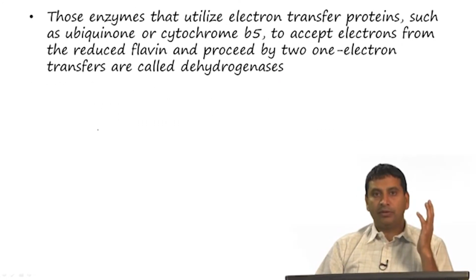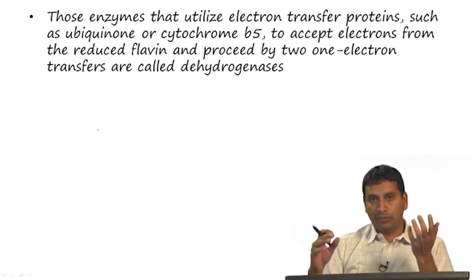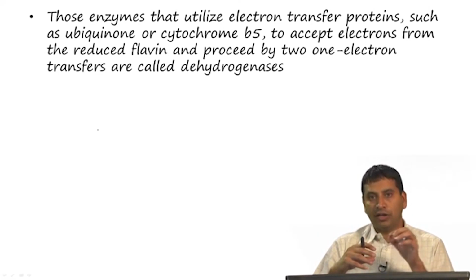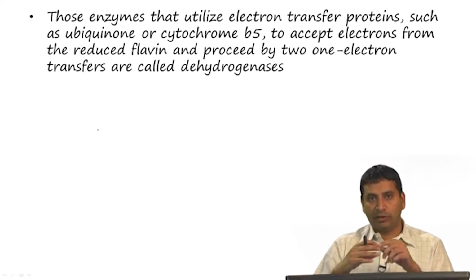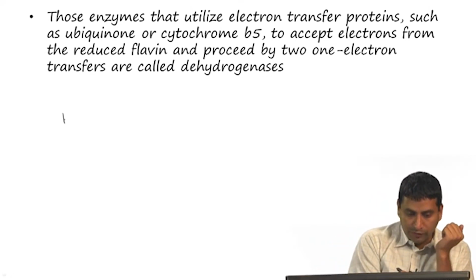So, the enzymes that utilize electron transfer proteins, such as the first class of enzymes that we are going to look at, are dehydrogenases, and these enzymes utilize electron transfer proteins such as ubiquinone or cytochrome B5 to accept electrons from the reduced flavine. So, let us now draw the structure of reduced flavine very quickly.